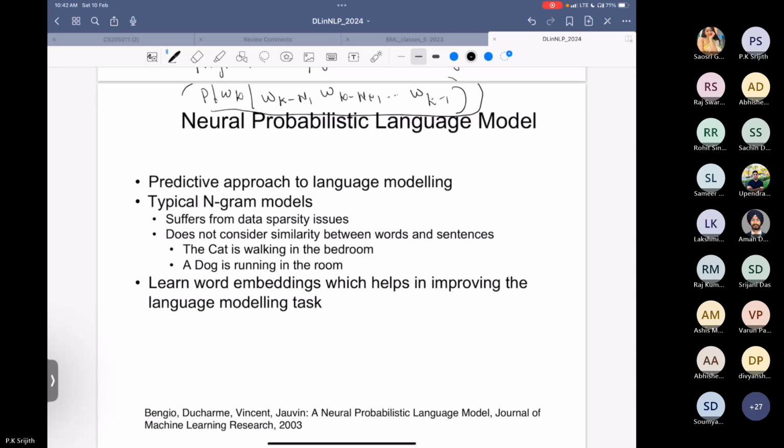So if you are given W1, W2, W3, one way is that I consider W1 and W3 as input, and I try to predict W2 using some neural network.